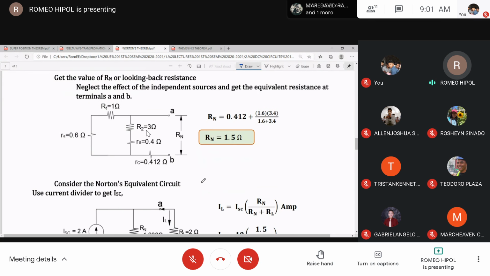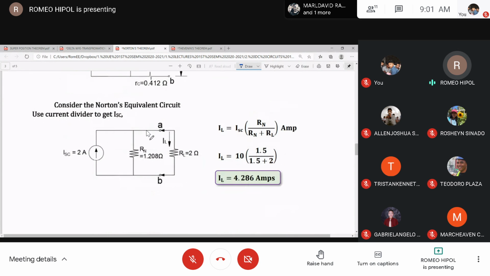The next step is to consider the Norton's equivalent circuit. So, in this case, we will just connect the current source or the short circuit current which is computed as 2 ampere to the parallel connection of the Norton's resistance or the looking back resistance.